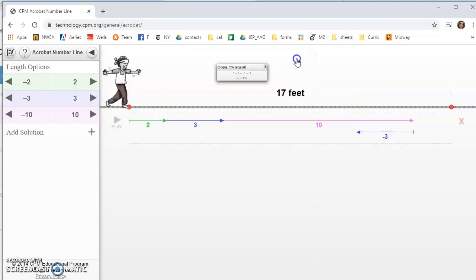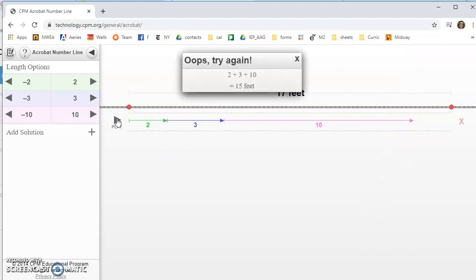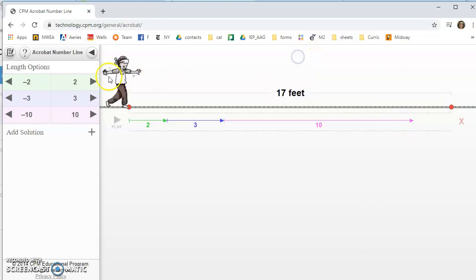If I take the -3 out and play it, he's still not far enough, but he's now at 15 feet. So taking away a negative moves you to the right on the number line. It makes it go up from being 12 to being 15. So by subtracting a negative, my value is increasing, which is moving me to the right on the number line.